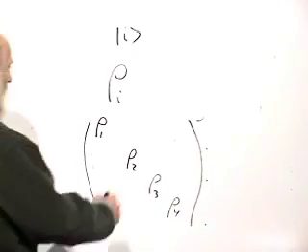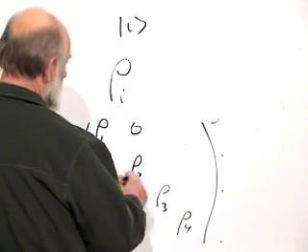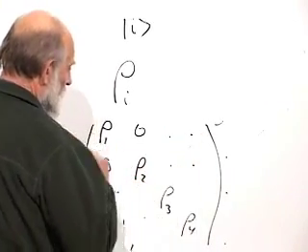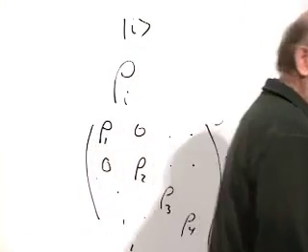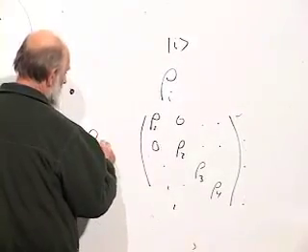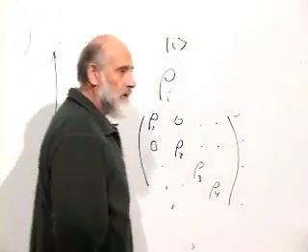All other elements 0. The rhos are real numbers. They're positive numbers because they're probabilities, and they're all less than 1. And one more thing, and this is called, incidentally, the density matrix. It's called rho, and it's called the density matrix.